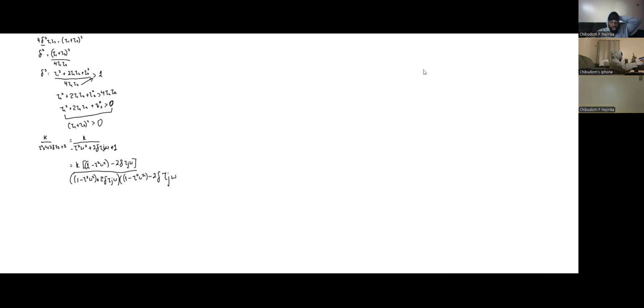So it always comes down to the difference of two squares. Some will cancel out, some will remain. So now we can just solve it from there.